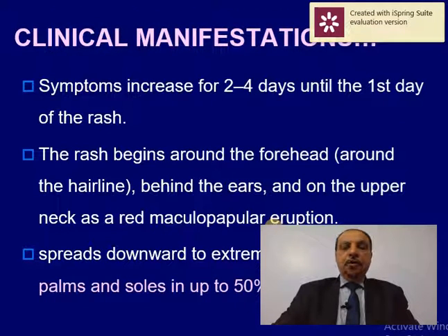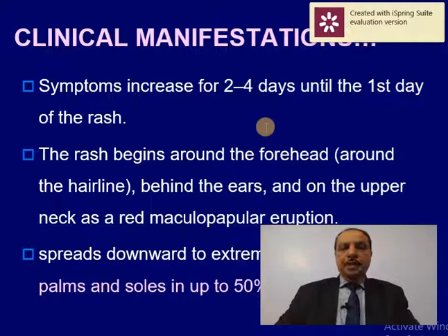The symptoms of the disease start for 2 to 4 days, and after the appearance of the rash, the symptoms will be minimal. So there will be very high fever. Once the rash appears, the fever will drop.